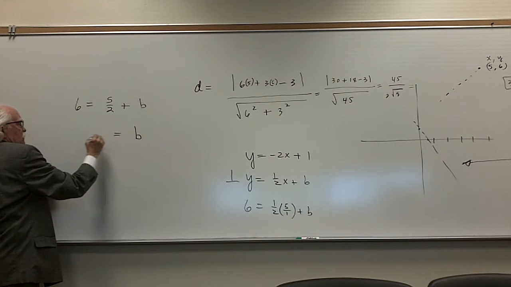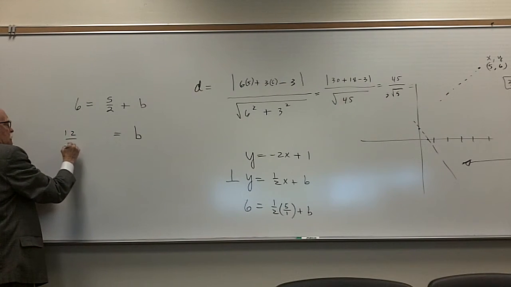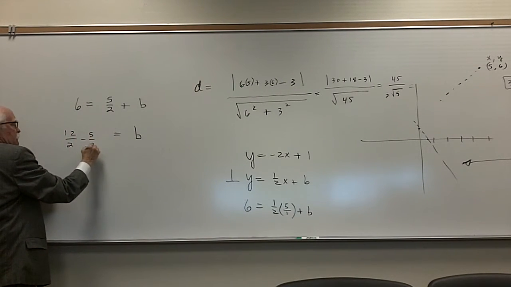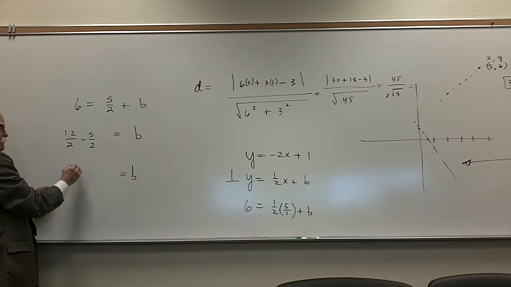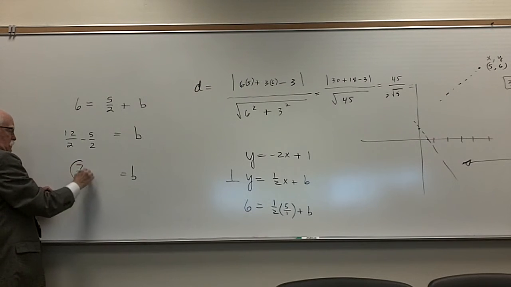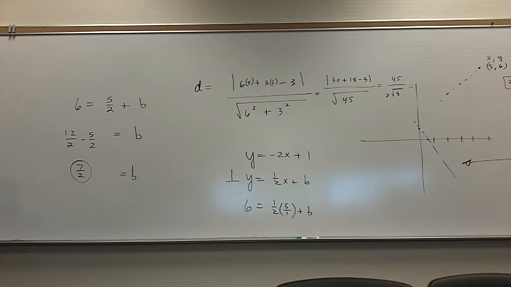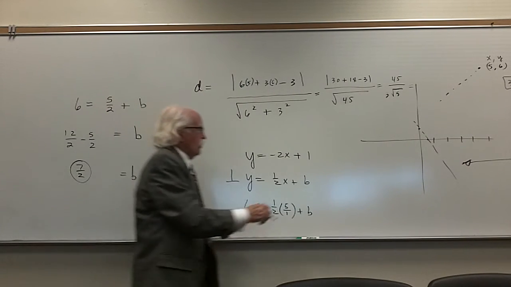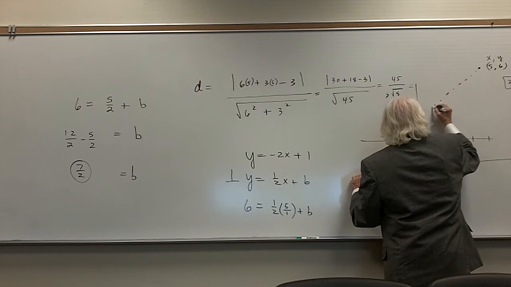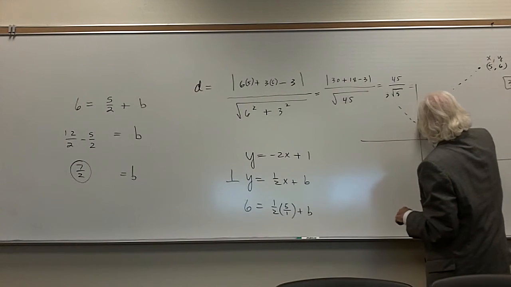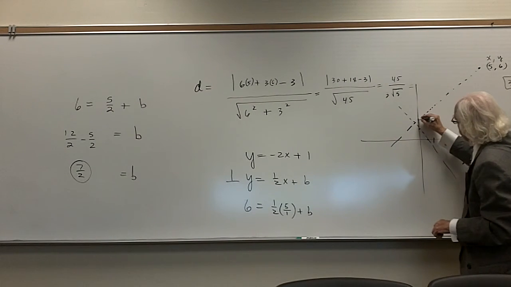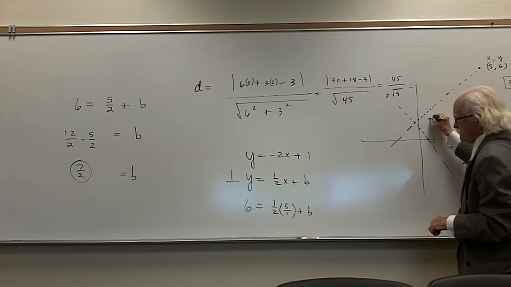B has to be equal to 12/2 minus 5/2. B has to be equal to what? 7/2. Is that correct? That's right. Did I do the arithmetic correctly? You did. So that point, even though it may not look it, this point right here is 7/2.